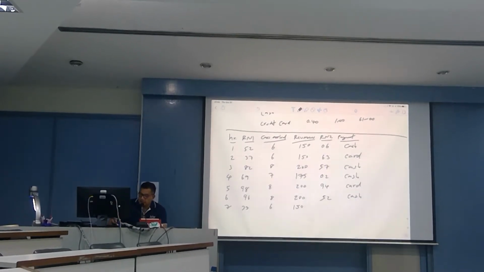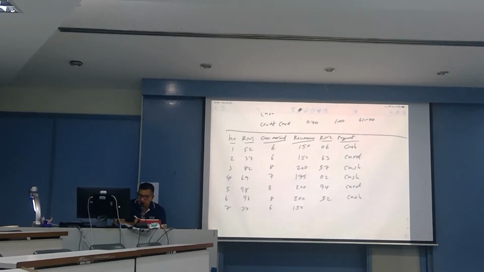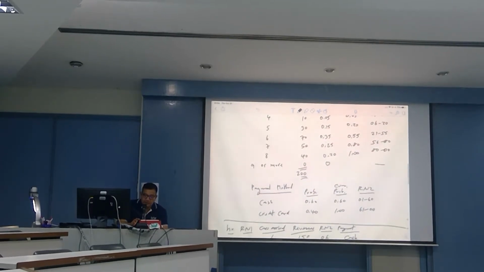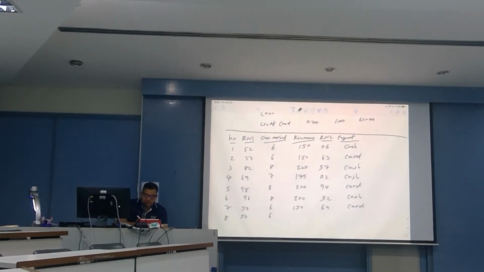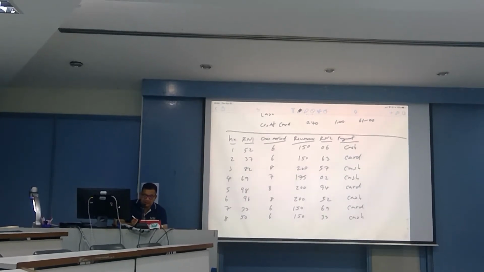And the next one is 69, still using card. And then you have 50. 50 is still 6, 150, and 33 paid by cash.